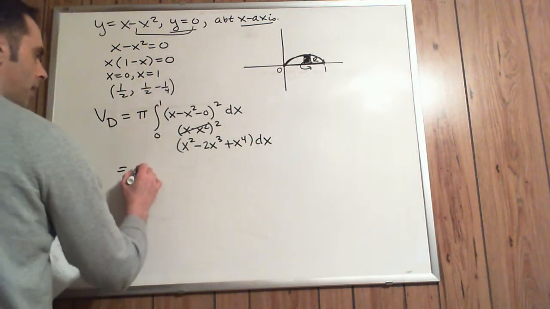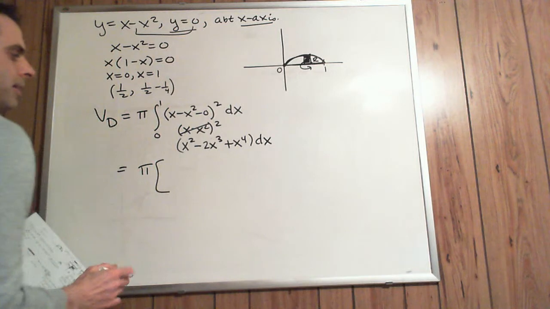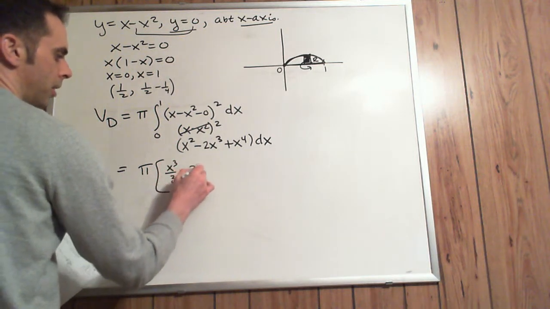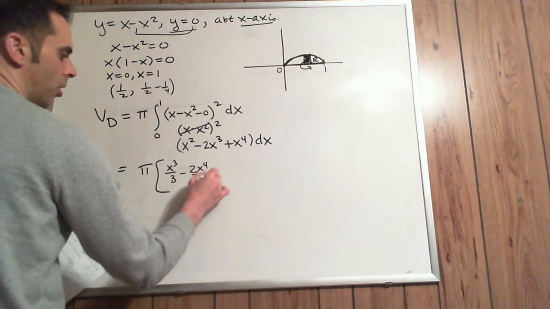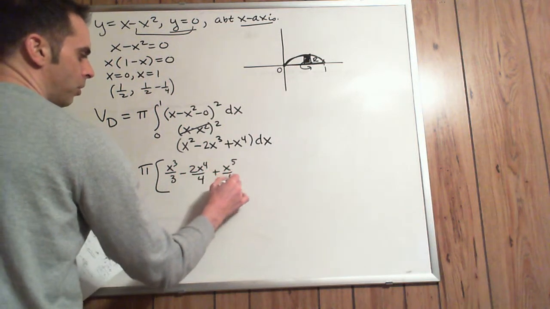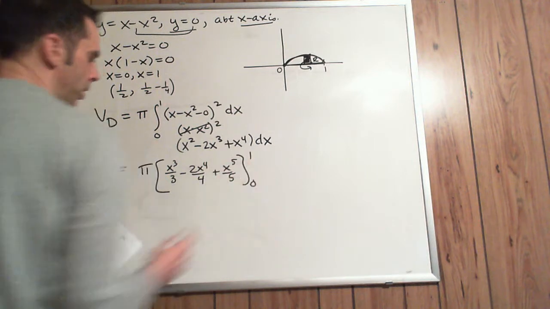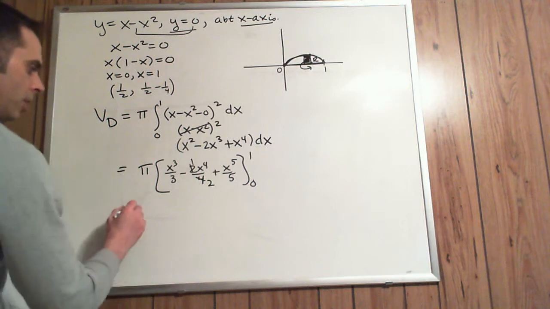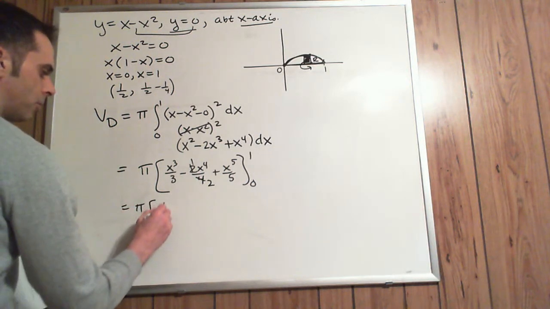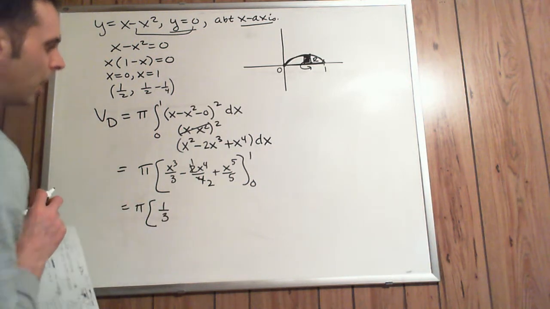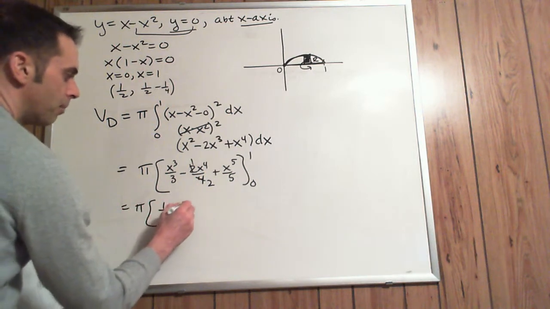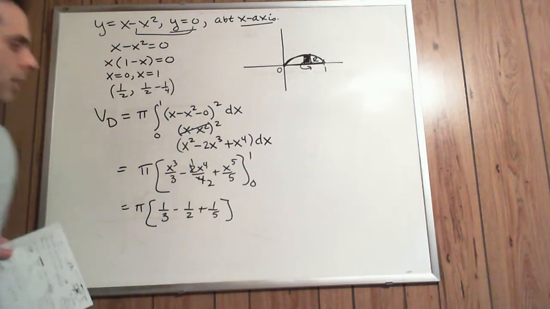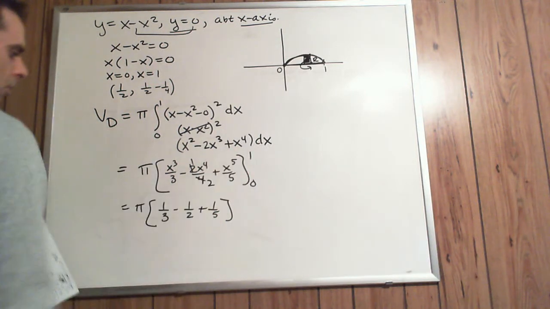So this would become then pi times, and I can take that antiderivative now. That would be x to the third over 3 minus 2x to the fourth over 4 plus x to the fifth over 5, from 0 to 1. And I can reduce that down to a half as such and plug in the 1. So I'll get 1/3, minus 1/2, plus 1/5. And of course putting in the 0 is just going to be 0 throughout all of that.